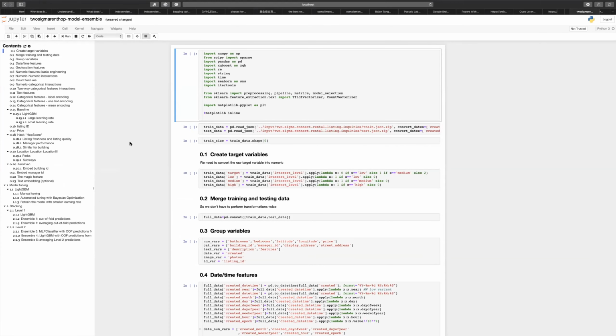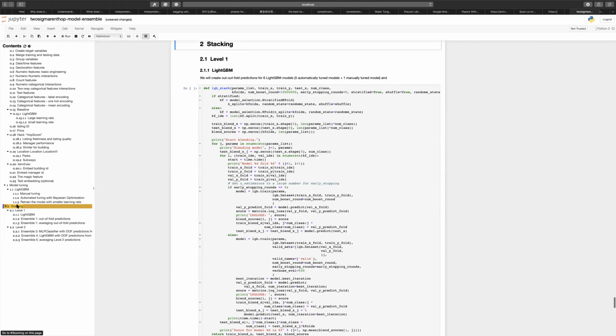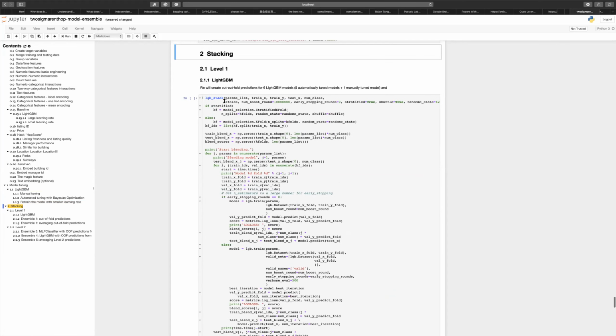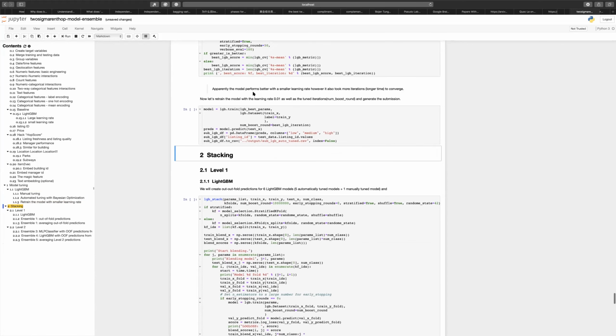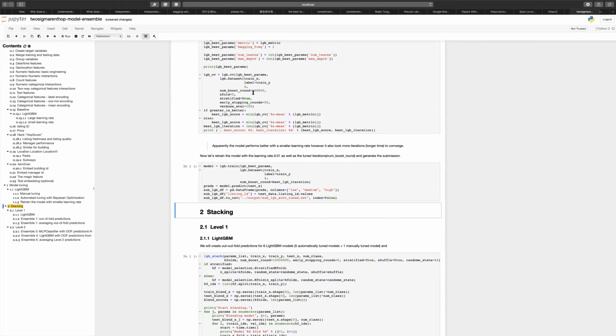So if you had a chance to run the notebook we sent out for the previous sessions, this is no different. Until the stacking part, they're exactly the same as what we sent out last time.